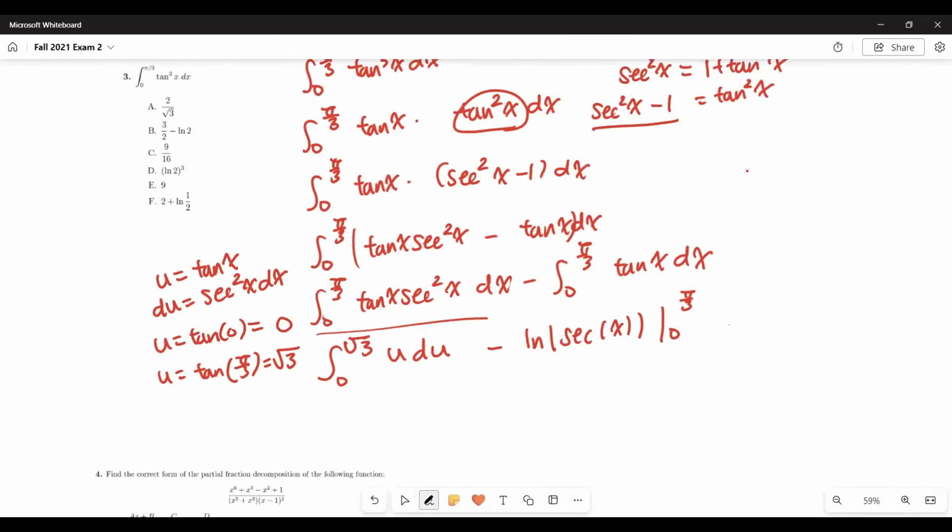So u du, it's going to be u squared over 2 from 0 to square root of 3, minus ln secant pi over 3 minus ln secant 0, right?